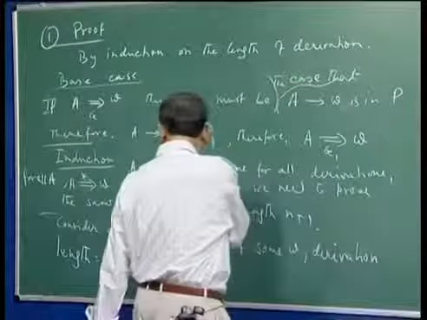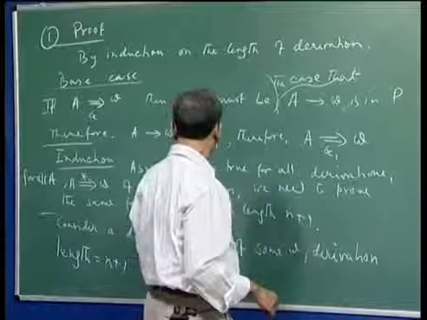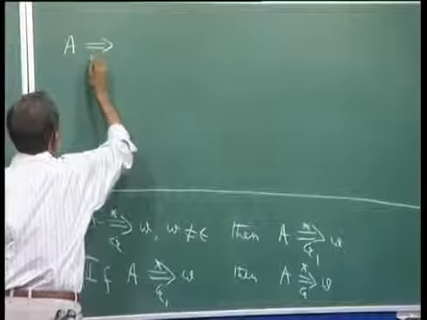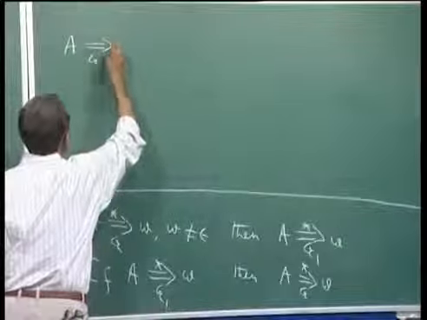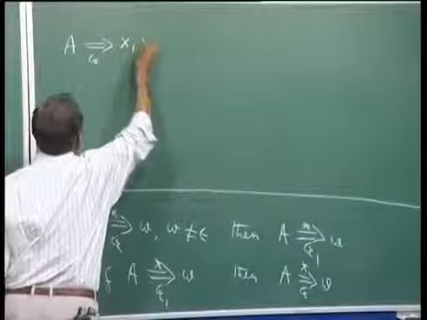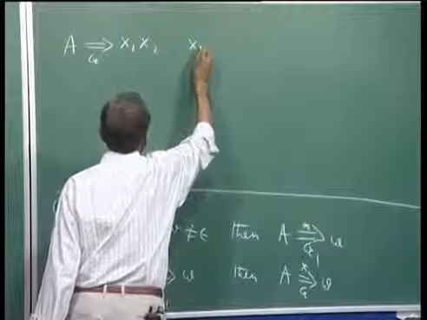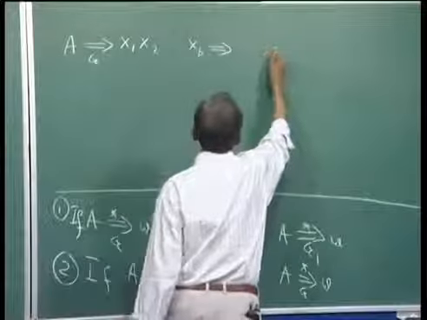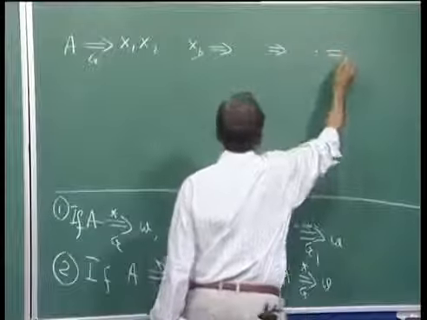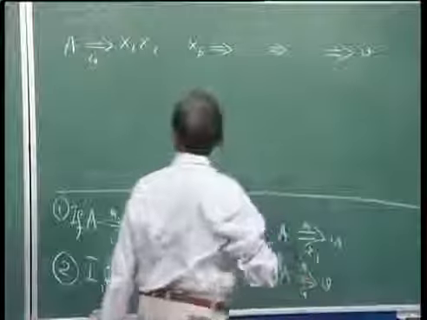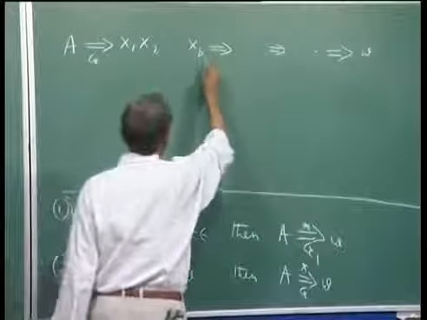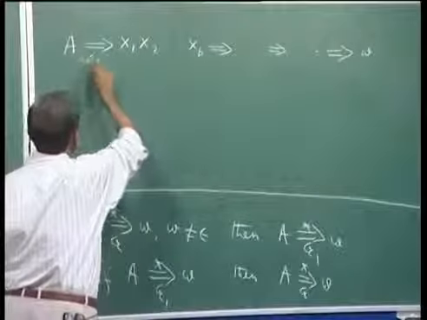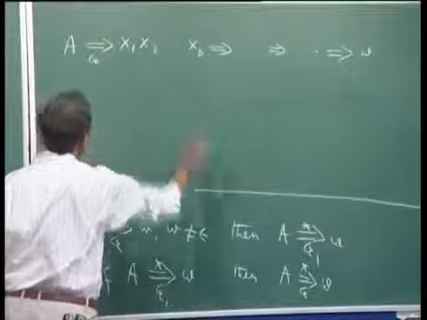Such a derivation of length n plus 1 of some W starting from A, let us say right in the beginning in G, the production that you used was A goes to x1, x2, up to xp, and then we have other steps finally leading to W. So, what we are saying is that here I have n steps, and the first step being A is rewritten by x1 through xp.